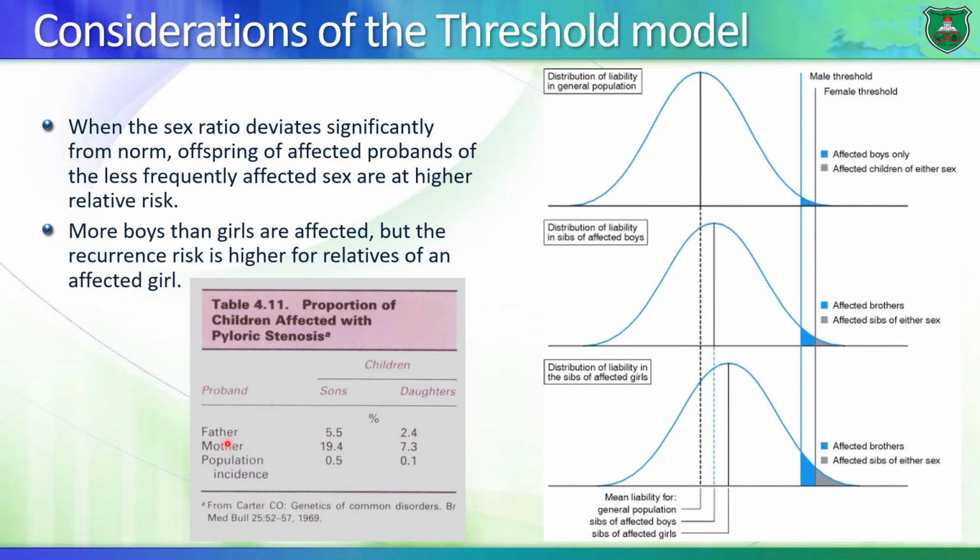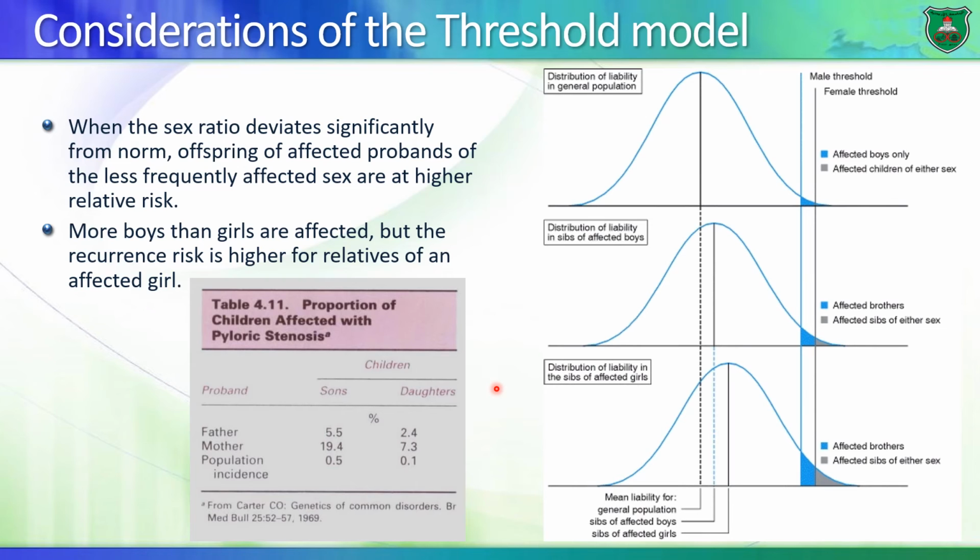That's because, in order for females to develop a condition, they have to have many more factors than males. And if they have these factors, then there's a higher chance that these factors would be inherited by their offspring. And males, being males, would be more affected than females.